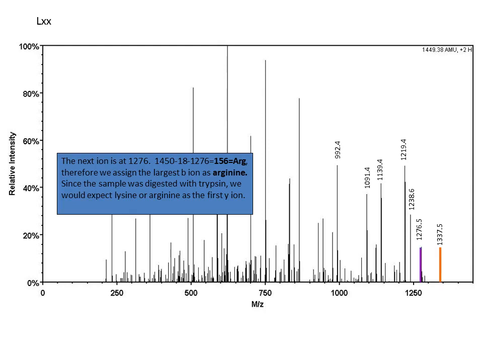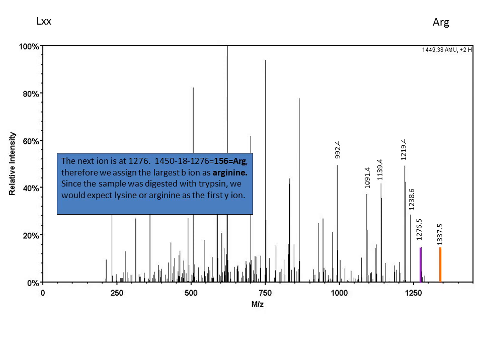The next ion down is at 1276. Now, this ion is less than 57 away from 1337, so it can't be the next amino acid in the series from the N-terminal. Therefore, it is most likely the first amino acid from the C-terminal of the peptide.